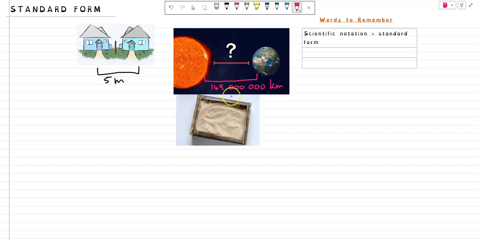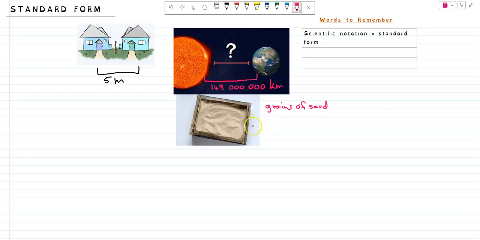We would, wouldn't we? Now the scientists are talking about a box of sand. How many grains of sand would you think would be in this box?